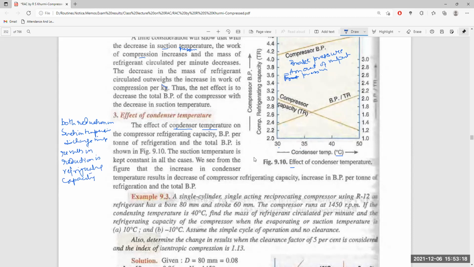For the suction temperature, the total mass flow of refrigerant is reduced, and for the increase in discharge temperature, more power is required to make the compression, which results in a lower COP, or coefficient of performance, of the whole system.